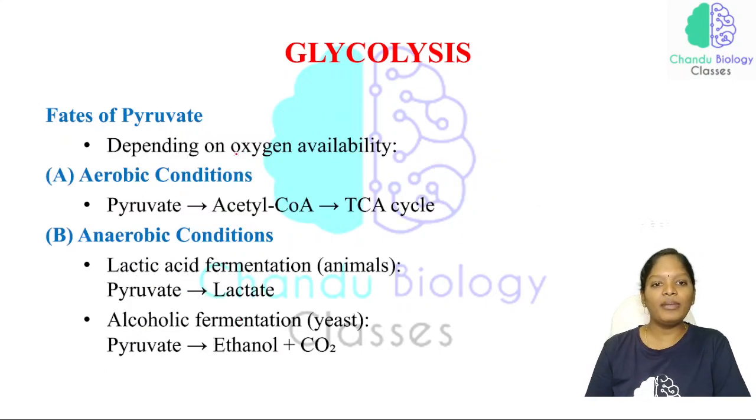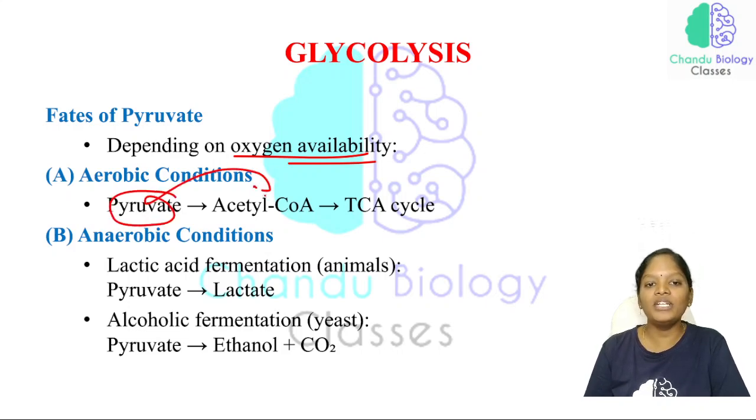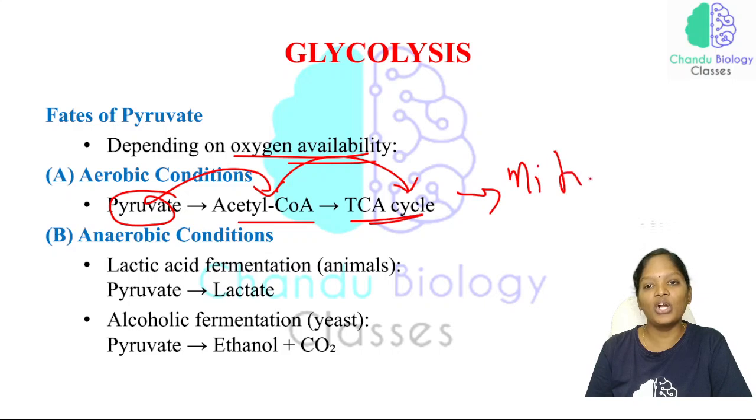What are all the fates of pyruvate? Now pyruvate has been produced as a result of glycolysis. Based on the oxygen availability, if oxygen is present, then this pyruvate will be converted into acetyl-CoA, and this acetyl-CoA will enter into the TCA cycle, which takes place in the mitochondria.